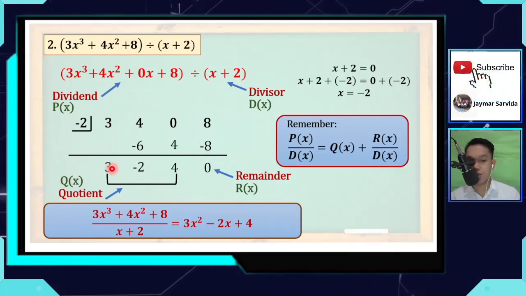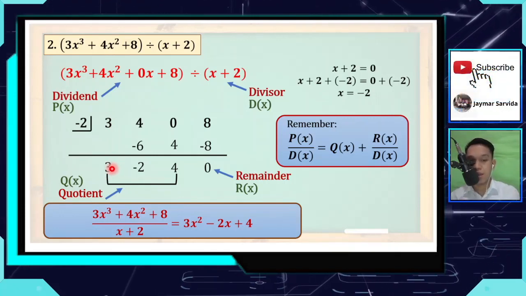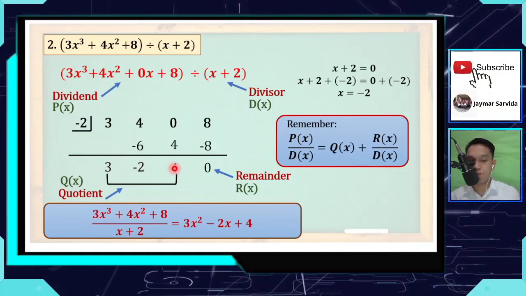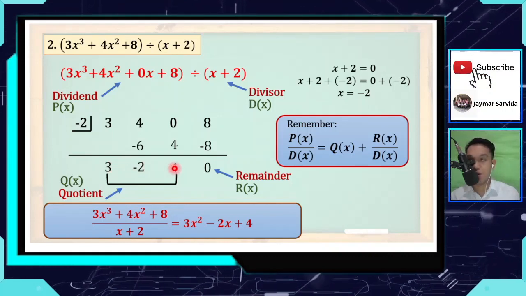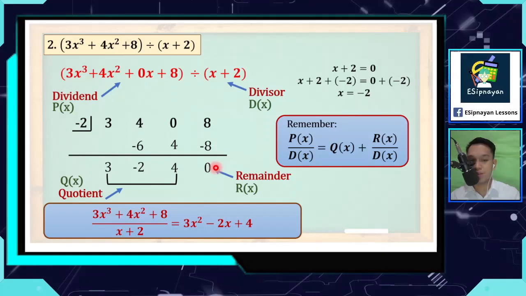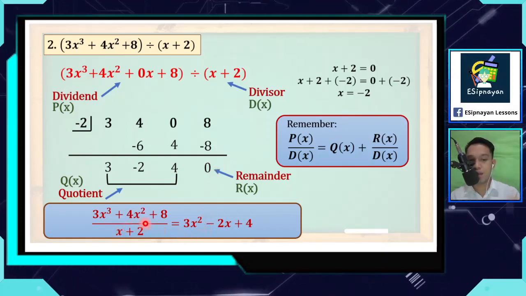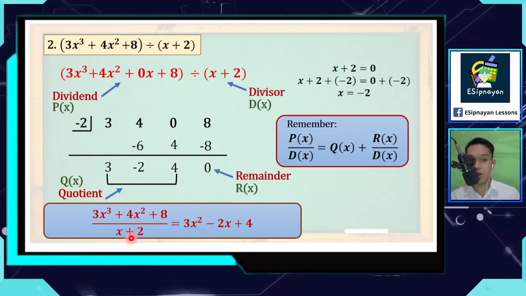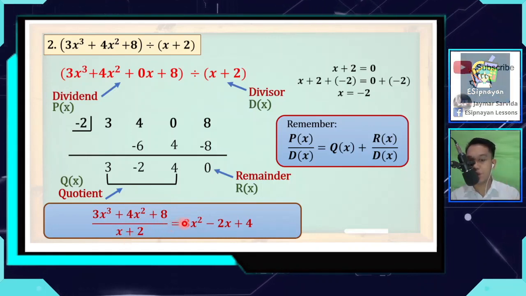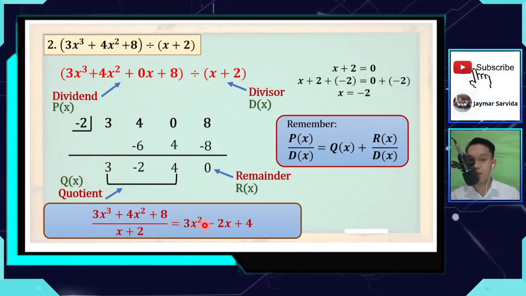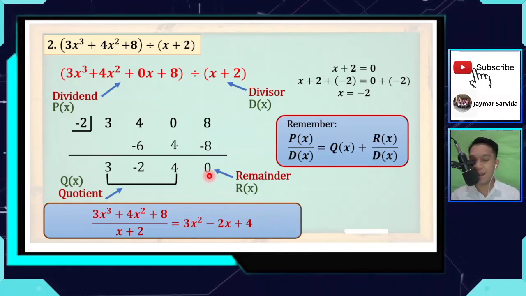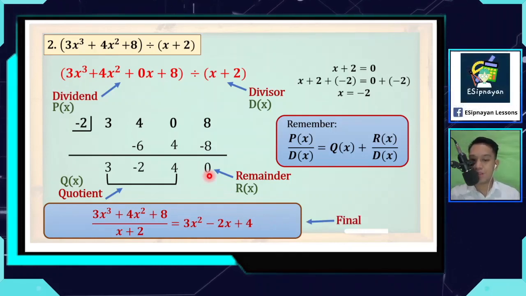So 3x squared, sunod-sunod na yan. 3x squared, then 2x, tapos yung constant which is 4. Yung remainder natin dito ay 0. So, yung ating final answer is 3x cubed plus 4x squared plus 8 over x plus 2 equals 3x squared minus 2x plus 4. Wala na tayong remainder dito dahil 0 naman yung ating remainder. Di na kailangang isulat. So, ito ngayon yung ating final answer.